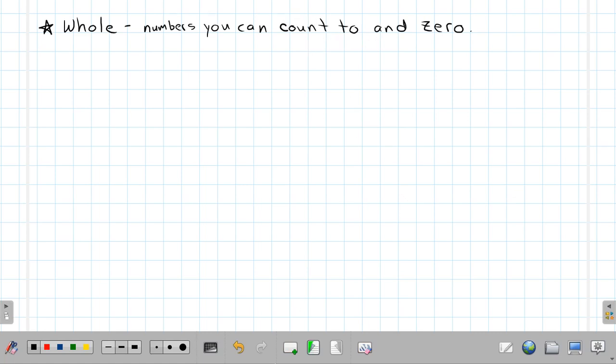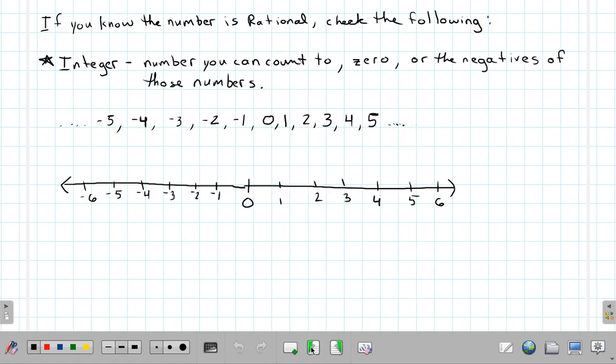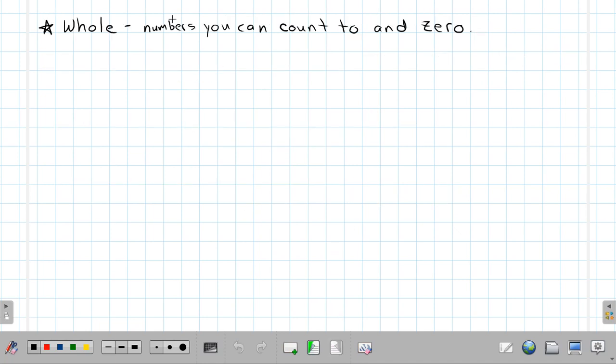Which, let me go back and fix one thing before I forget. So if we go back to integers, I say numbers you can count to. Well, there's more than one integer. So numbers you can count to, 0, and then I guess instead of or, we should say and the negatives of those numbers. So all the numbers that you see listed here, these are called integers, okay? Well, if we look at this, whole numbers, these are the numbers you can count to and 0.